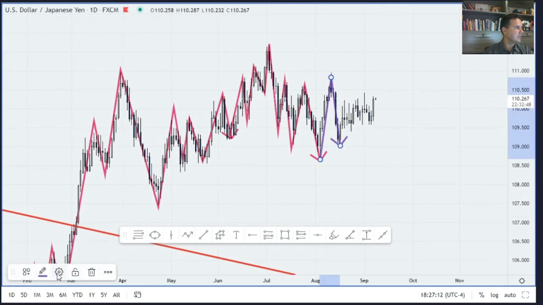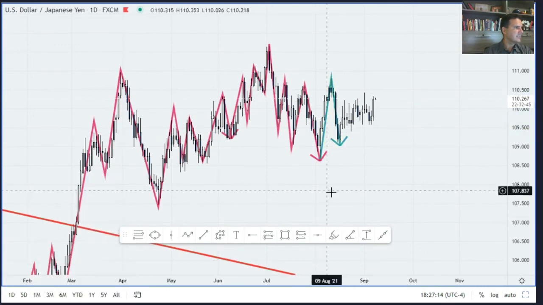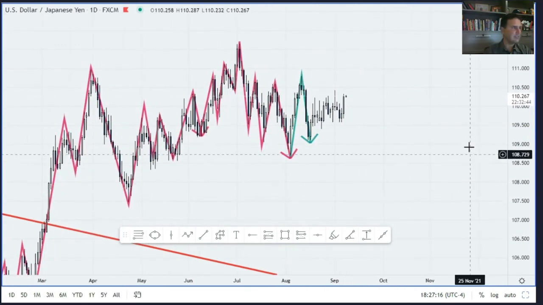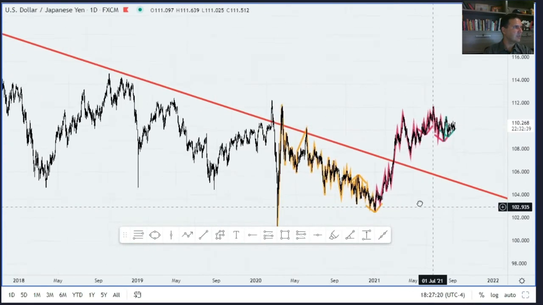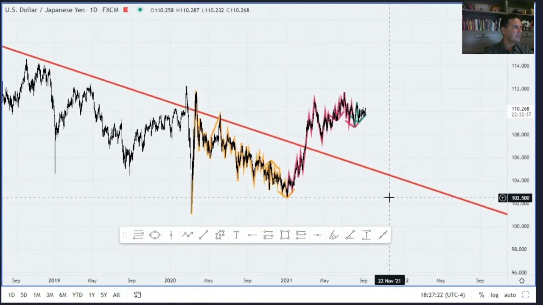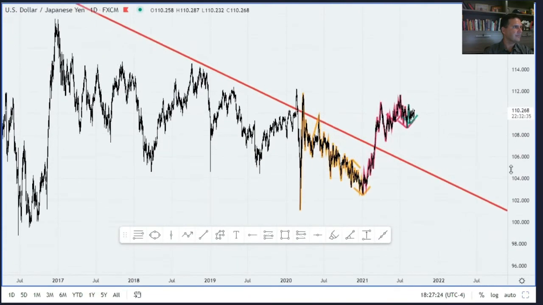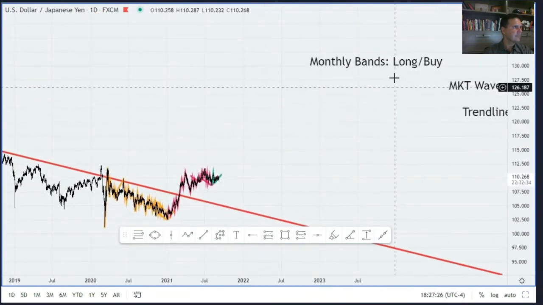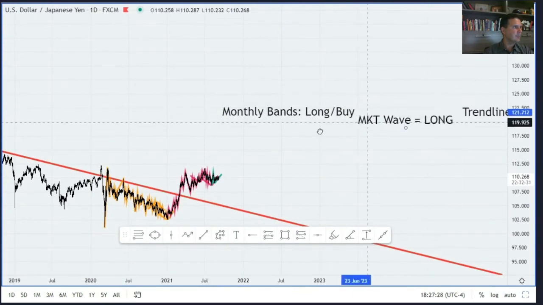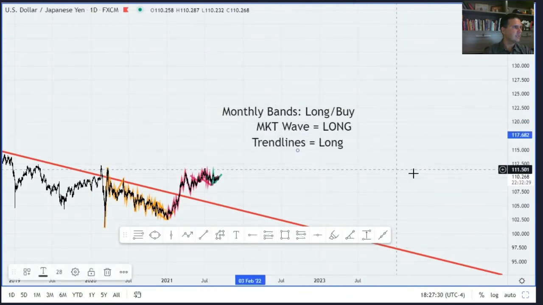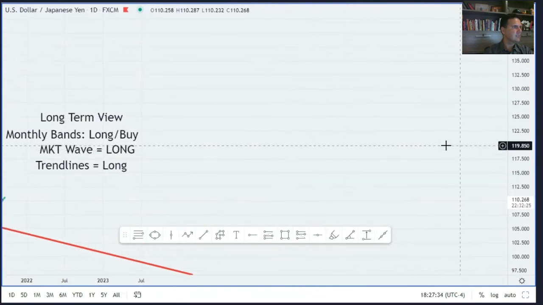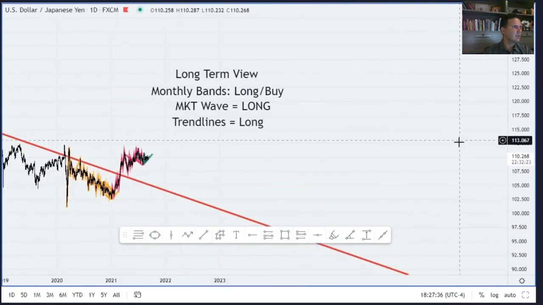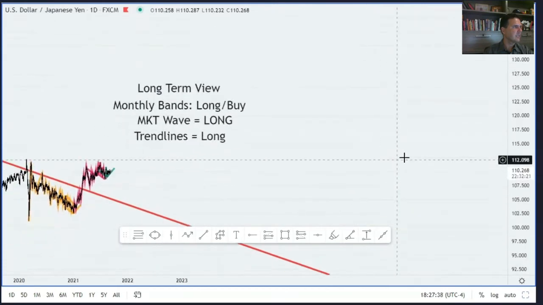All right, somebody is getting it. Somebody's getting it, right? Congratulations to you. Okay, now monthly bands, market wave, trend lines, long-term view, and where is the, okay, it doesn't matter.